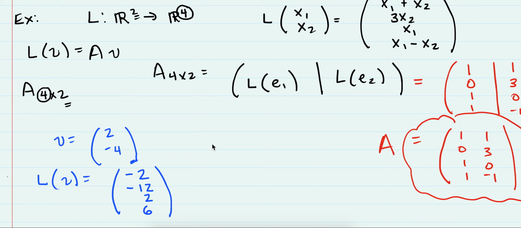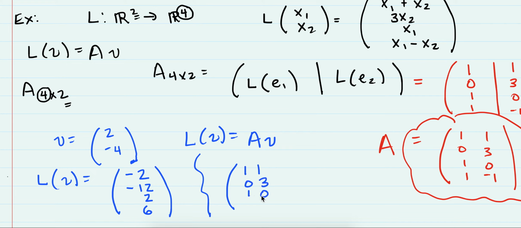Well, let's see if L of V is equal to A times V. So I'm going to take this matrix and multiply it by the vector (2, negative 4). What will we get? Remember that we take 1 and multiply it by 2 and 1 multiplied by negative 4, and add those numbers together. We do it for each row.